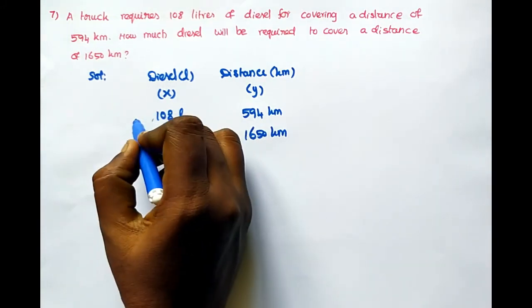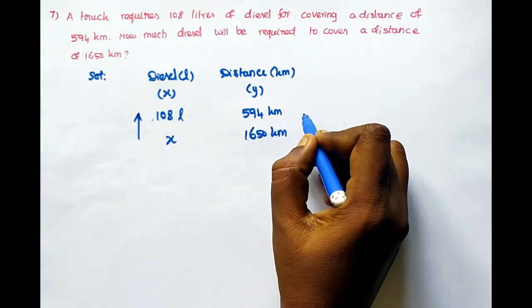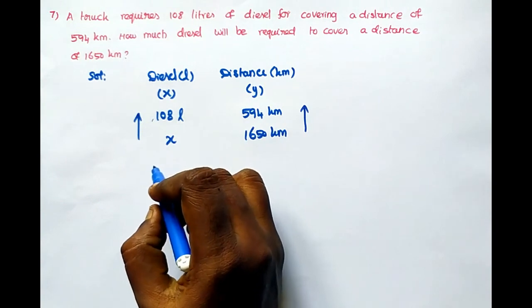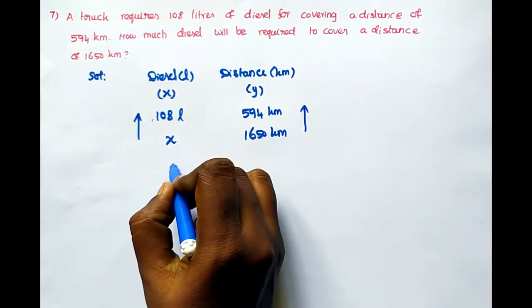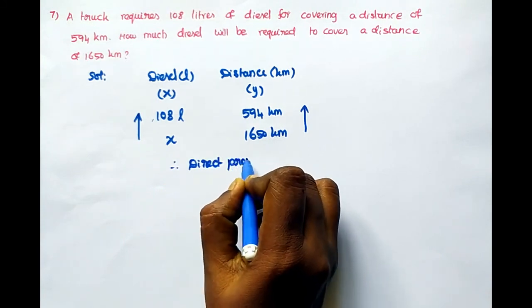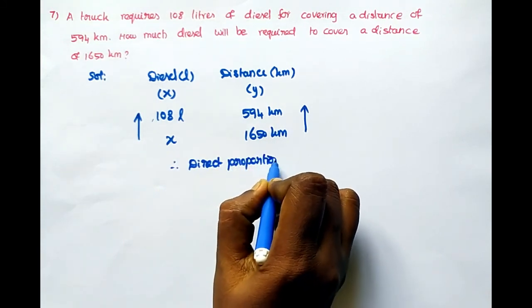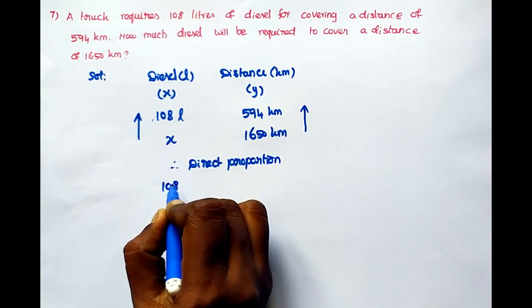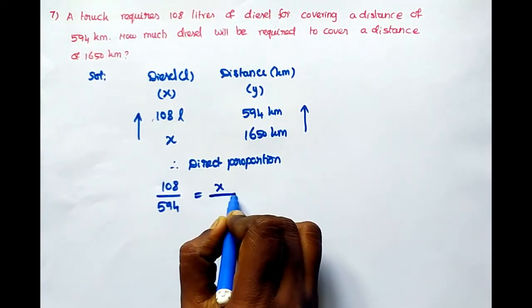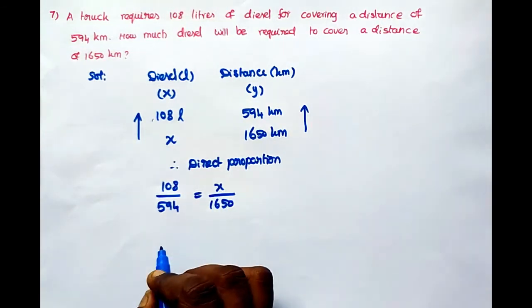Here diesel increases means distance increases means diesel also increases. So it is direct proportion. 108 divided by 594 equal to x divided by 1650.